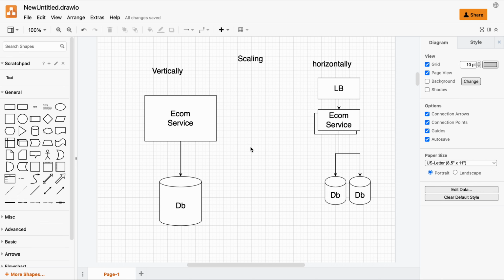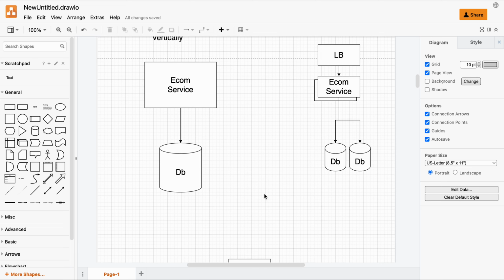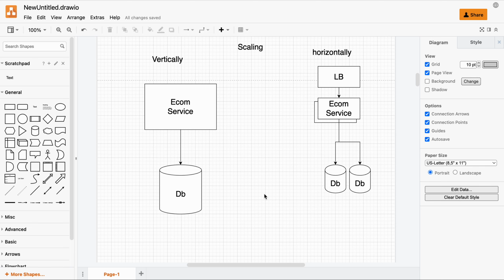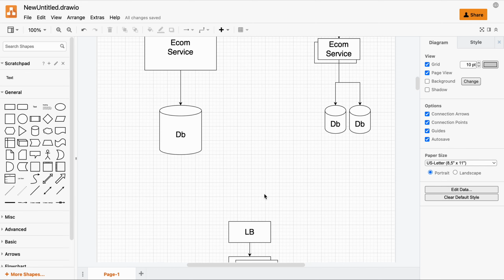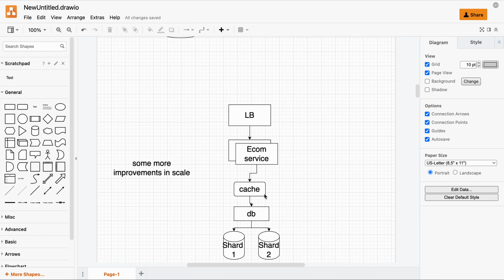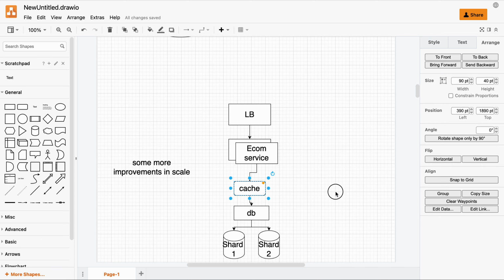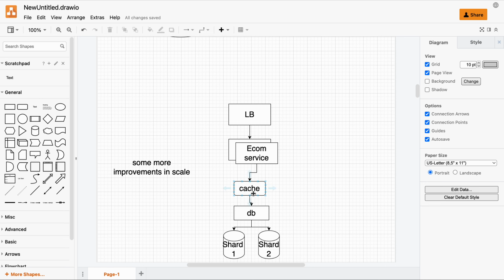Let's say you are growing a little more further, you have become an application that is known across the country, and you are doing some more performance improvements. You added a caching layer, because you notice that there are certain products that are used frequently, so you cache the details of those products so that you can reduce the latency.